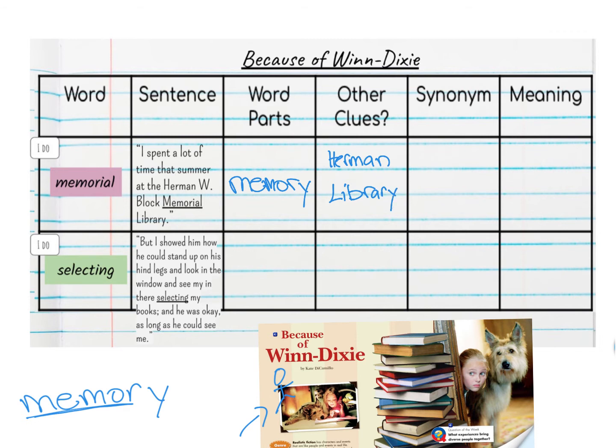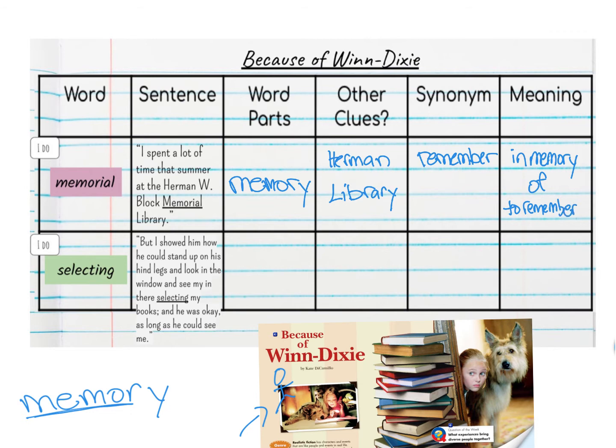We also created another word that means the same as memorial. We use the word remember. And now we know that memorial means in memory of someone or to remember someone.